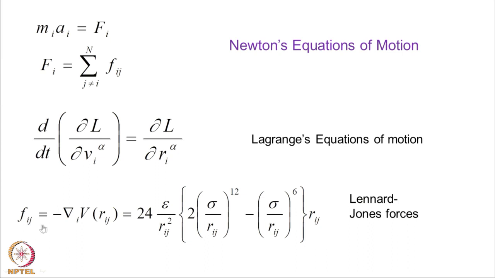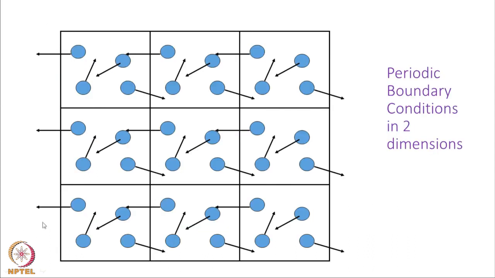So, now suppose we consider the whole system. Next slide, this shows my system. My original system consists of only 4 particles, it could be 4, it could be 4000, but each of these boxes is surrounded by similar boxes on all sides.